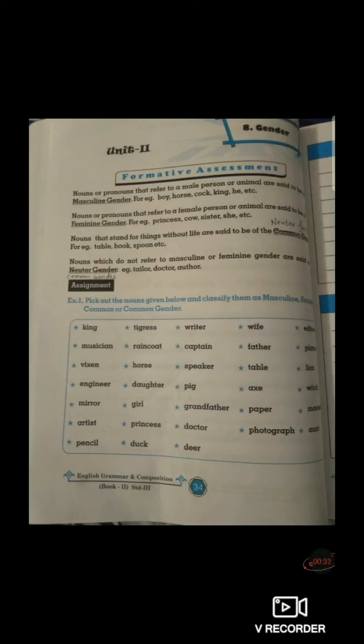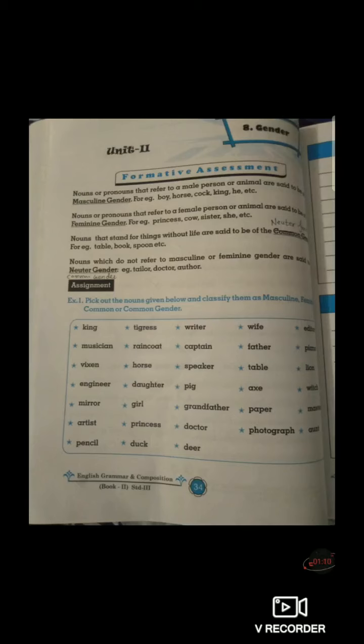Students, there is a little bit of correction. Everyone open your combined book, page number 34, chapter number 8, gender. In that, the very first line, see where I am reading: nouns or proper nouns that refer to a male person or animal are said to be of the masculine gender.